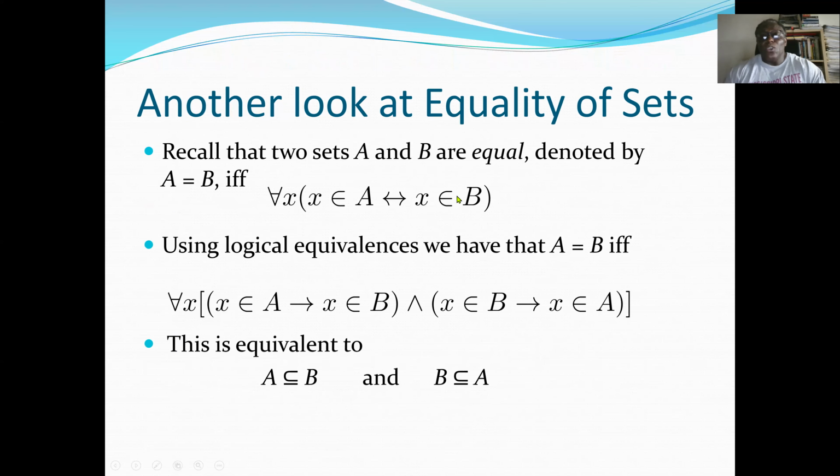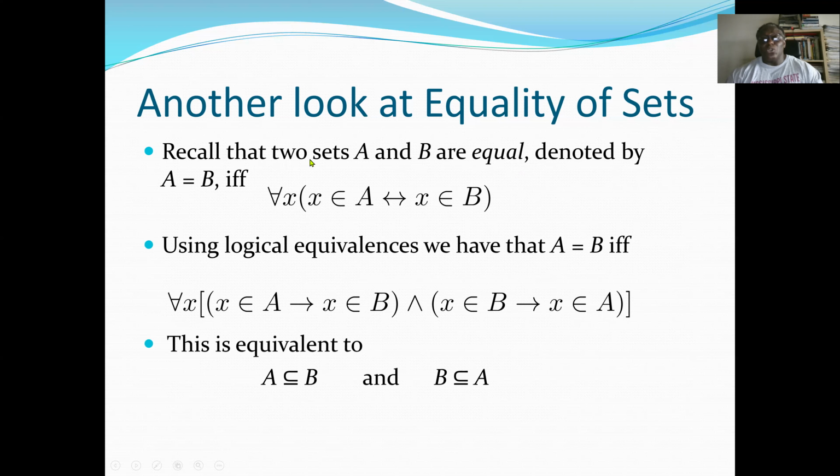So let's look at another view of equality of sets. Previously we said the equality of sets depends on the elements. If we have two or more sets and their elements are the same, without considering duplication or reordering of the items, then we say there is equality between the two sets.